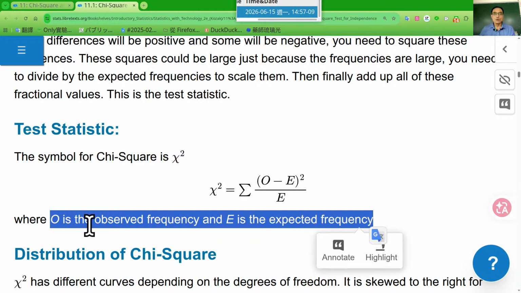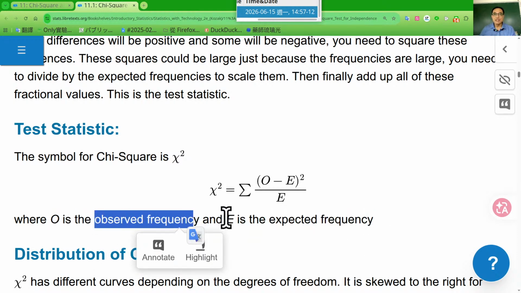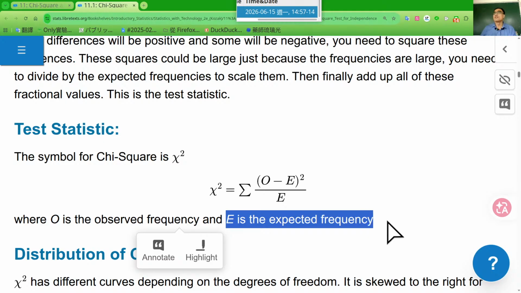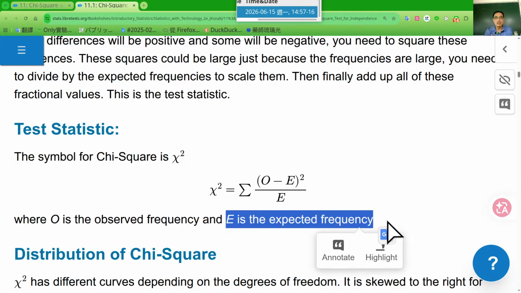Again, O is observed and E is the expected frequency. Later we will check the example for rolling dice.